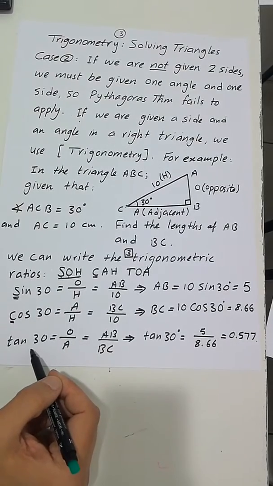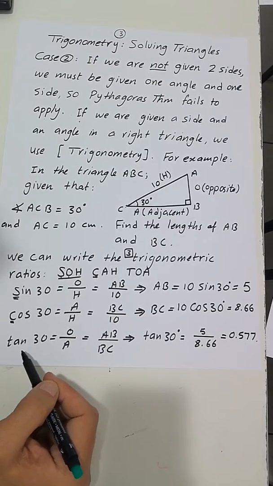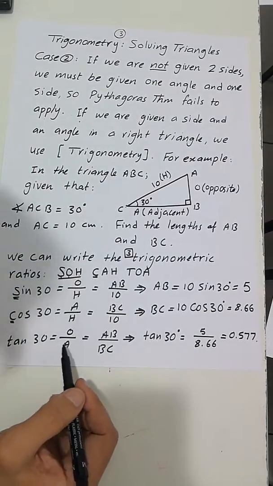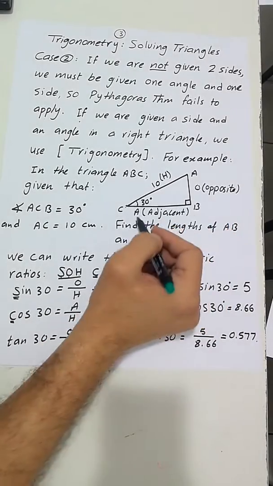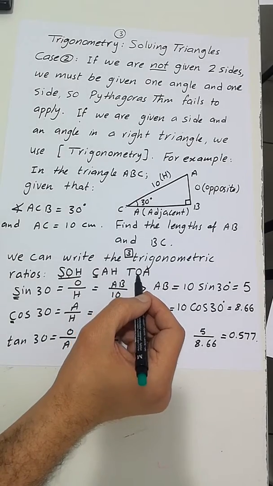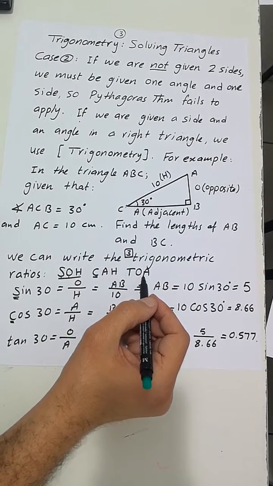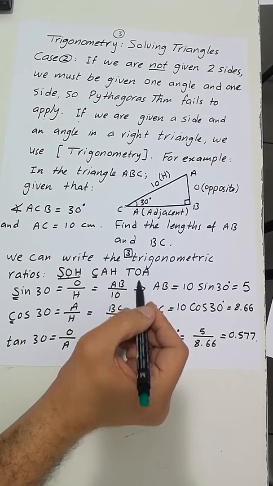Tan the angle: we get tan the angle by dividing opposite over adjacent. Opposite over adjacent, O over A. TOA: T for tan, O for opposite, A for adjacent. Easy?